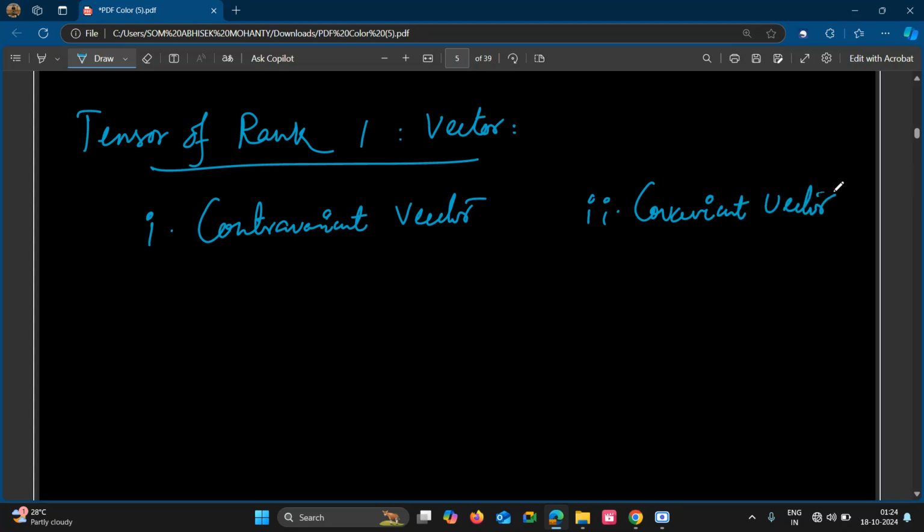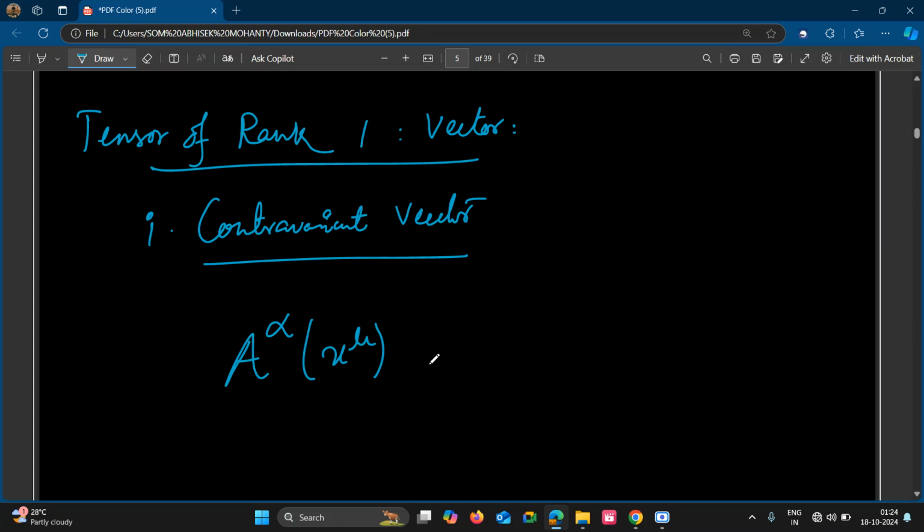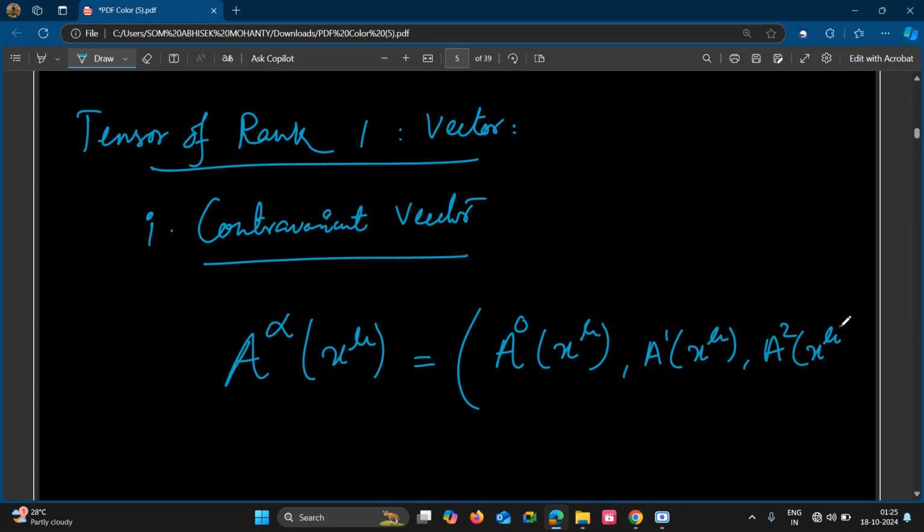First we will study the contravariant vector. I will write it like this: A alpha of x mu. Everything is up, and then it's called contravariant. This can be written as A0 of x mu, A1 of x mu, A2 of x mu, and A3 of x mu.